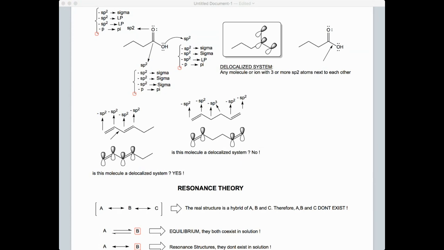Pi bonds. So that's it. Pi bonds. So we're talking about electrons in p orbitals. The only source of electrons in p orbitals could be lone pairs and pi bonds. So that's electron sources. So you only depart these arrows from lone pairs and pi bonds.